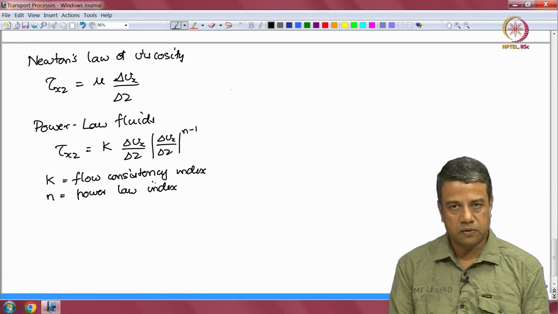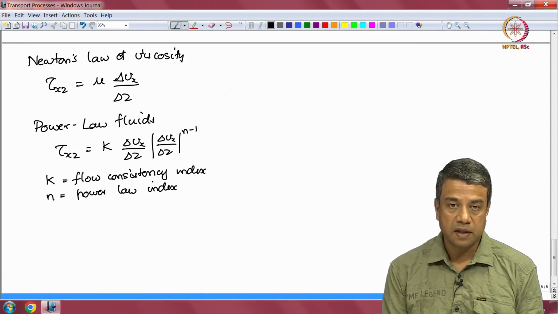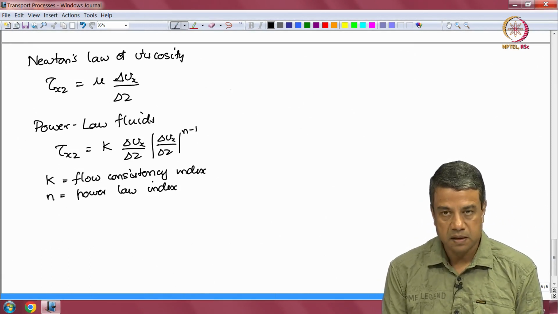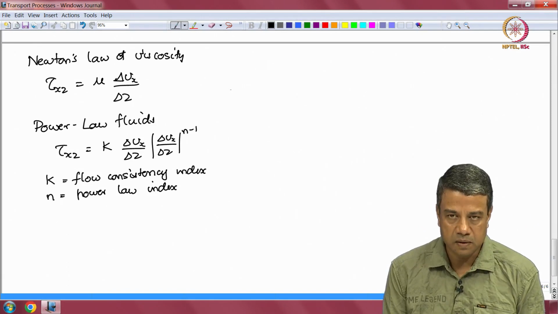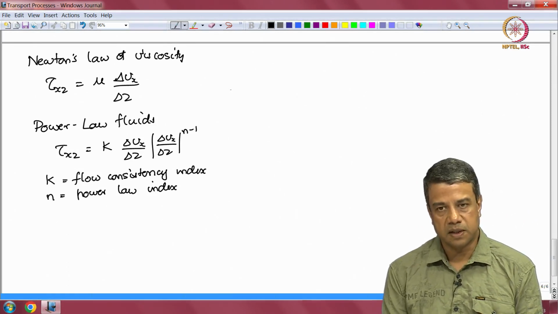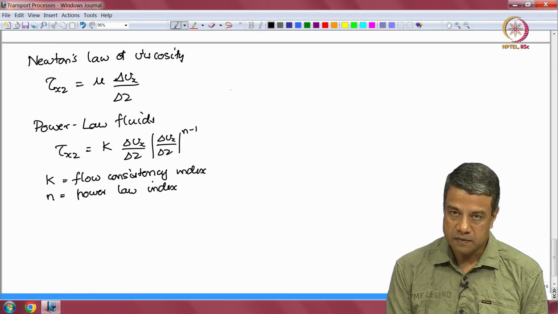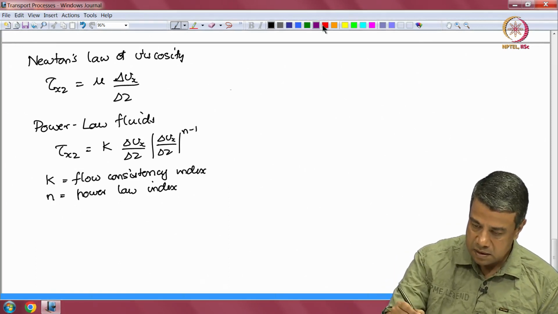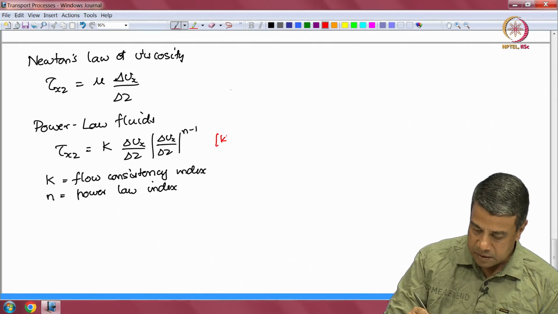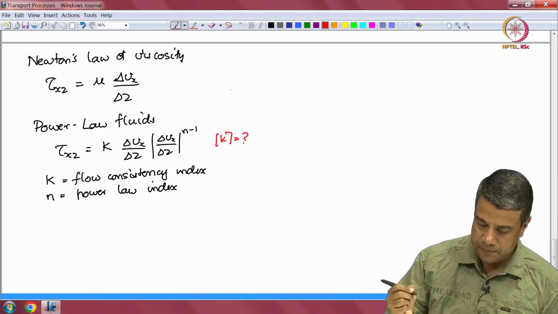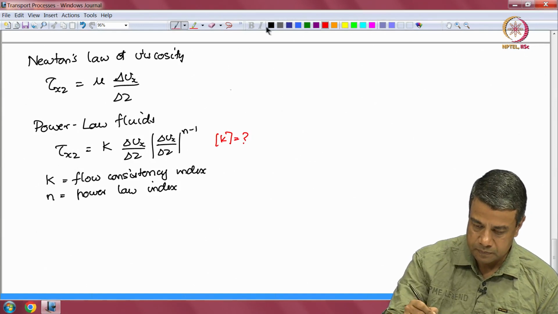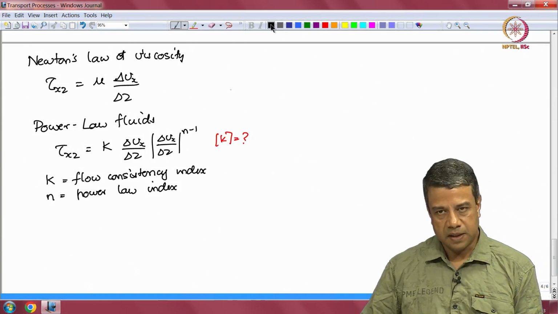So, these are the two coefficients. The power law index is dimensionless. You cannot raise a quantity to a power that has dimension. It has to be dimensionless. What is the dimension of kappa? How do we determine that?